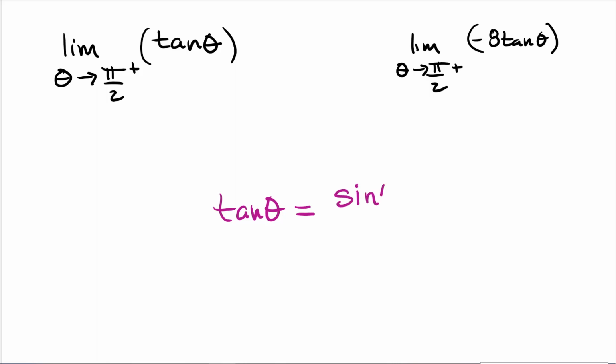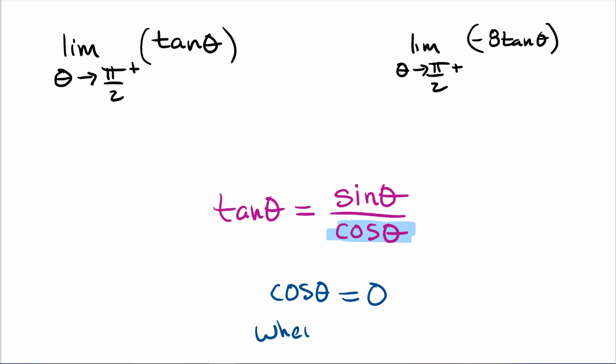Now, tangent is sine over cosine. So, tangent has vertical asymptotes anywhere cosine equals 0. Right? Because if the denominator equals 0, we create vertical asymptotes. Well, cosine of theta equals 0 when theta is any odd multiple of pi over 2.